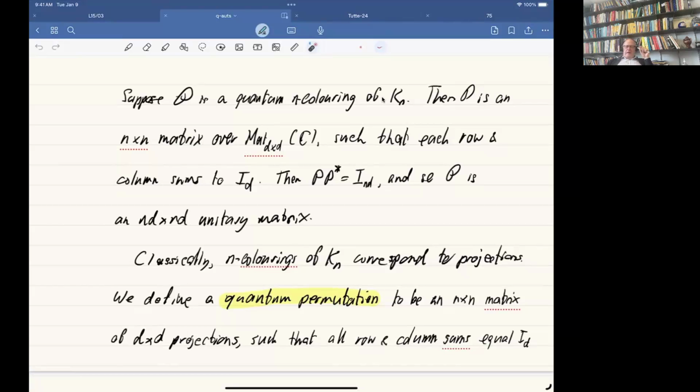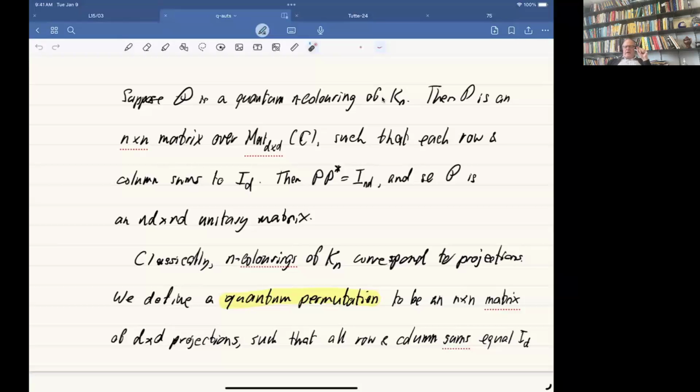Okay, so now you're going to have d by d projections. Each row sums to the identity, and each column sums to the identity, because if you have two vertices of the graph X that are adjacent, and they're in the same column, they're being mapped to the same vertex, that forces those projections to be orthogonal.